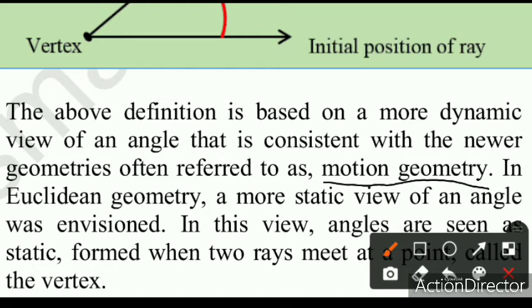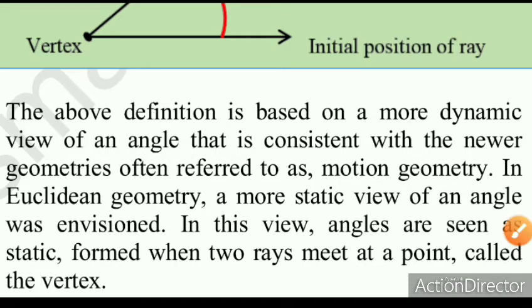In Euclidean geometry, a more static view of an angle was envisioned. In this view, angles are seen as a static form when two rays meet at a point called the vertex.